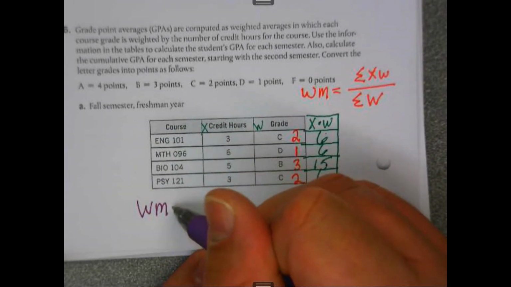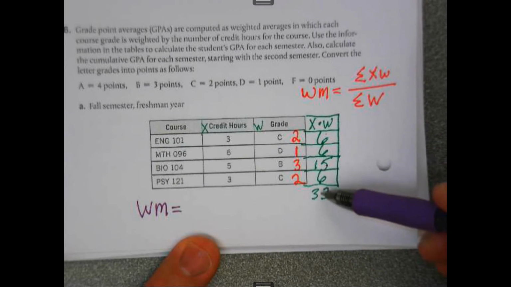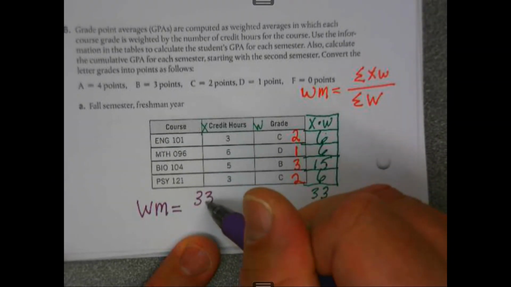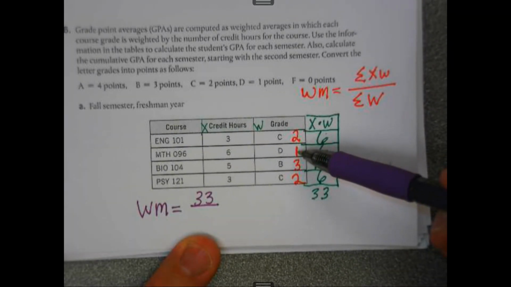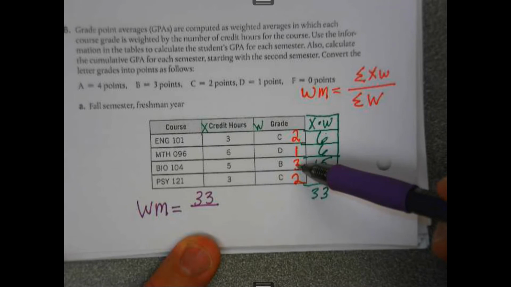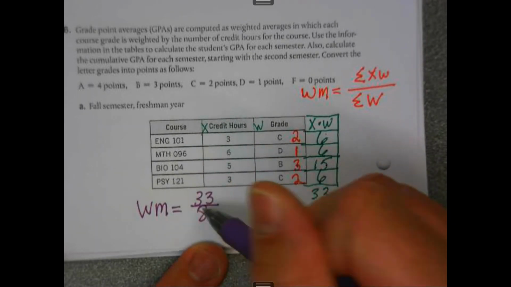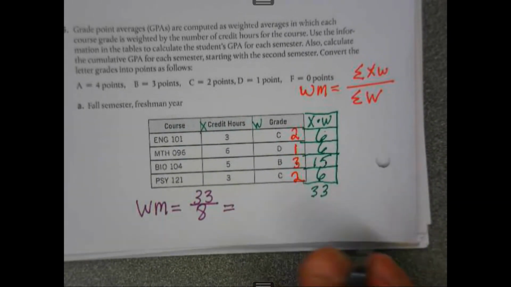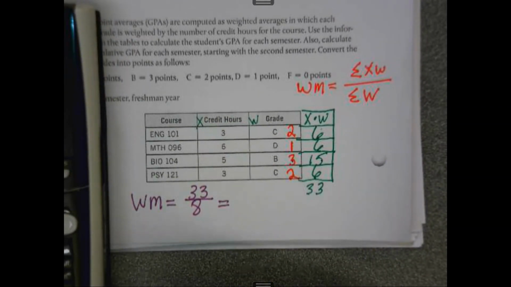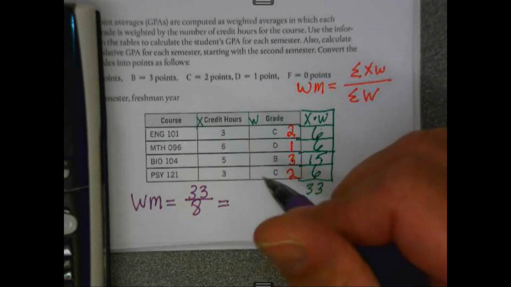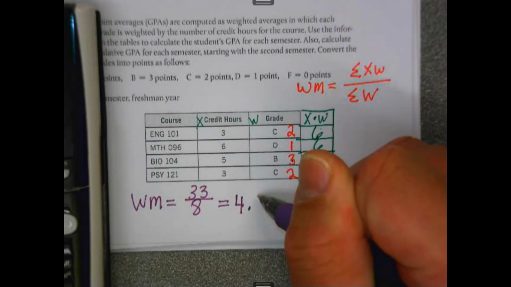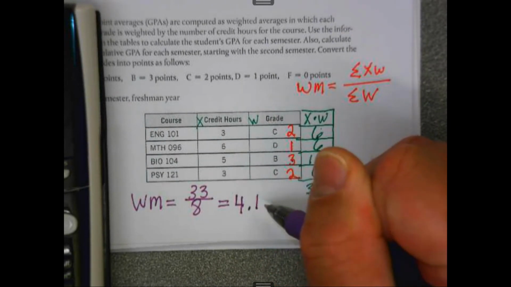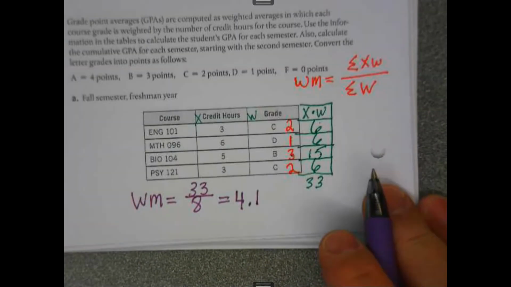So the weighted mean equals the summation of X times W, 33, over the summation of W: 2 plus 1 is 3, plus 3 is 6, plus 2 is 8. 33 divided by 8. And that gives me a weighted mean of 4, I'm going to round this, 4.1 for their grade point average.